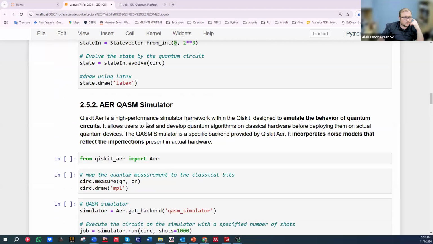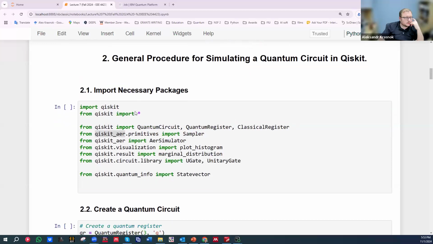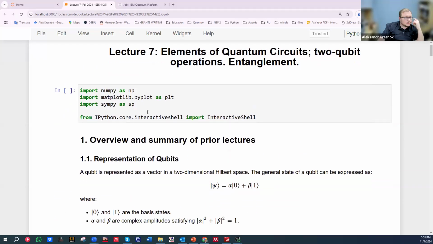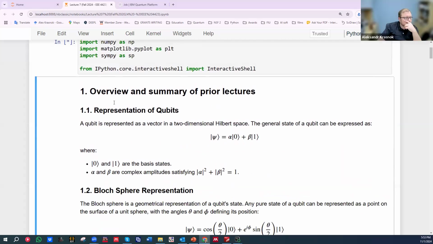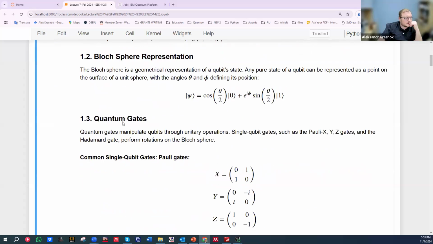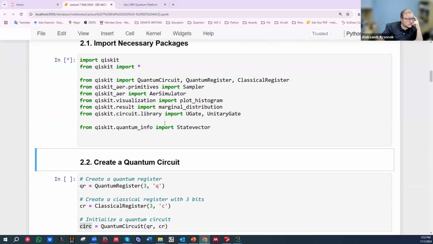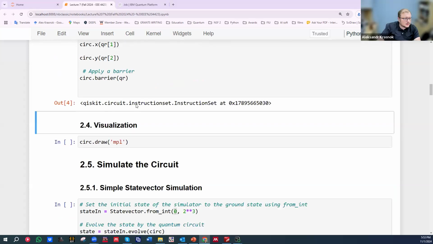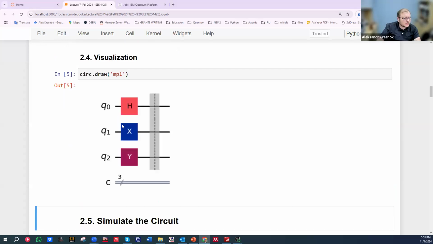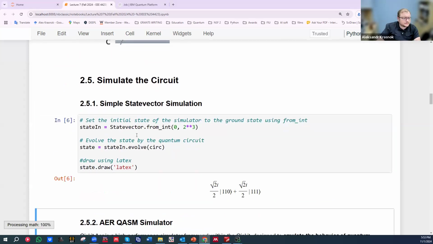So in your case, it will be something else. Now I need to run these cells again.